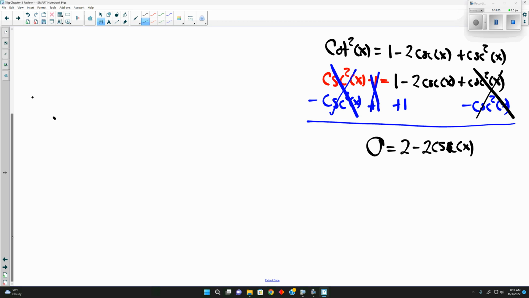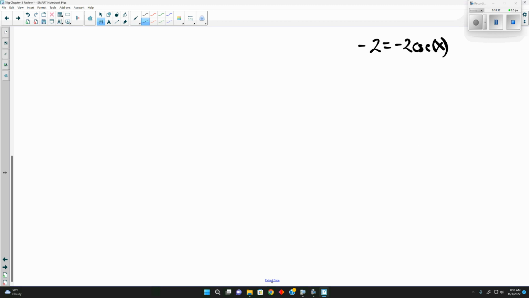Now, since we only have cosecant of x left, we can get it by itself and then try to solve from there. So the first thing we can do is subtract 2. Then divide by negative 2, just telling us that cosecant of x is equal to 1. Now, having cosecant, we don't really have it on the unit circle because we only have it in terms of sine and cosine, yes?